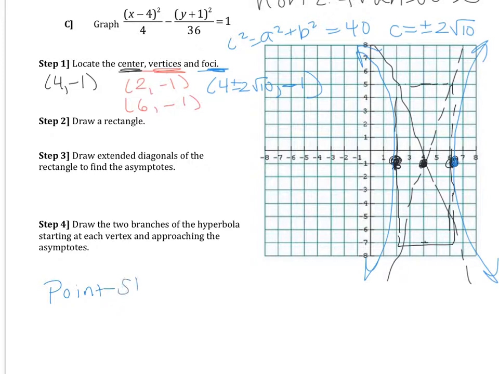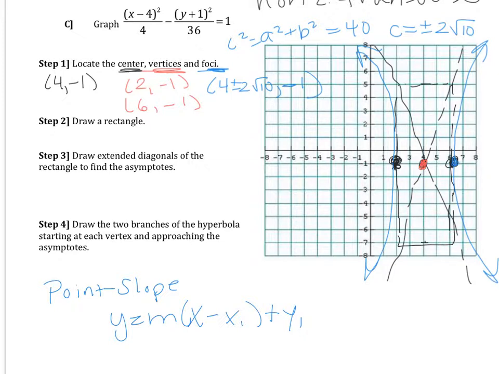Point slope is y equals slope times (x minus x1) plus y1, where (x1, y1) is a point on the line. Okay, and remember that on both asymptotes, the center is a point on the line. So I would highly recommend using the center.